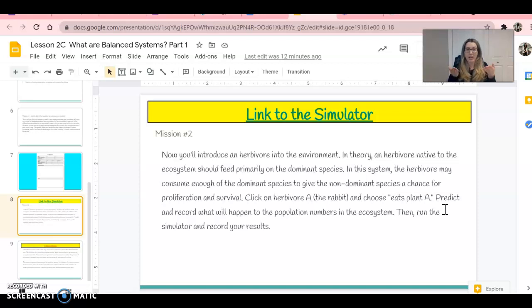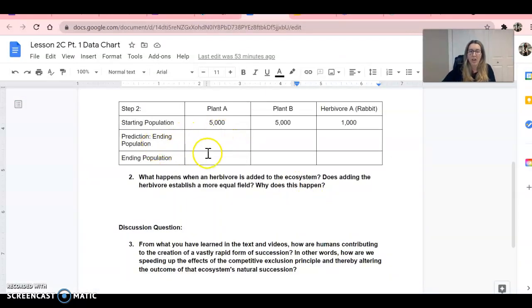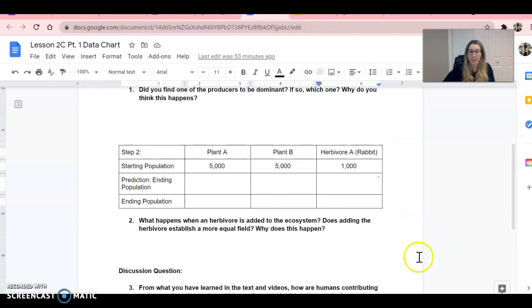Then, once we add in an herbivore, you're going to ask yourself, do I think that this ecosystem is going to be more balanced or less balanced now that an herbivore is introduced into this ecosystem? So you're going to predict on your data chart what you think the ending population will be for plant A, plant B, and the rabbit as well.